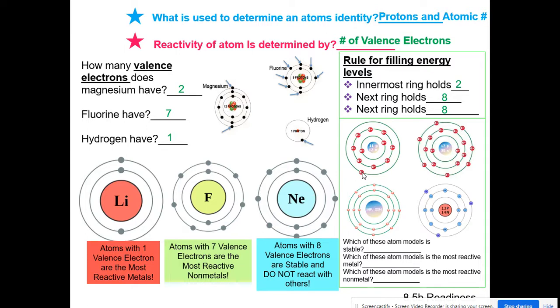Which of these atoms is the most stable? I'll give you a moment. Great job. Argon. Argon is the most stable. Which of these atom models is the most reactive metal?